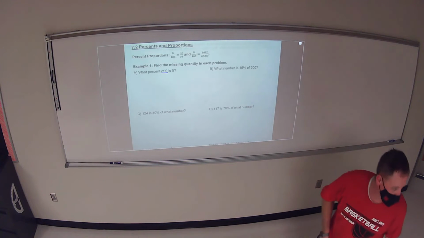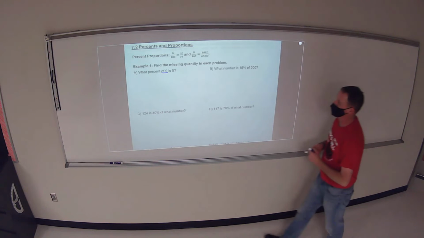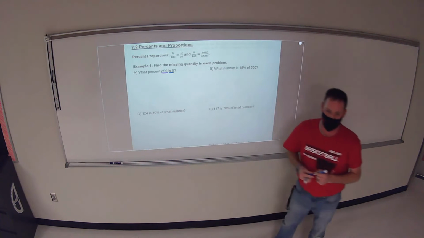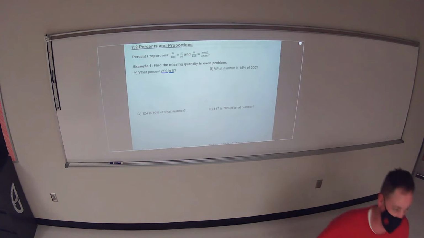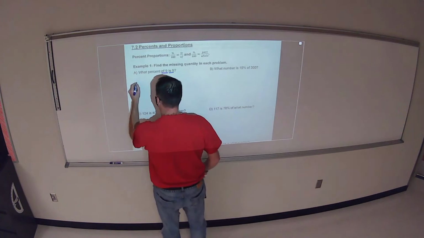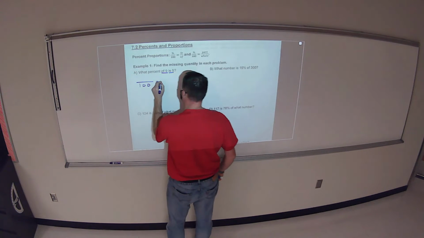Then we also see our second keyword, the word is, and with the word is, the number 5. If we think of this as percent over 100 equals is over of, this is going to tell us exactly where to set everything else up. So we're going to begin with our percent proportion: something over 100 is equal to is over of.